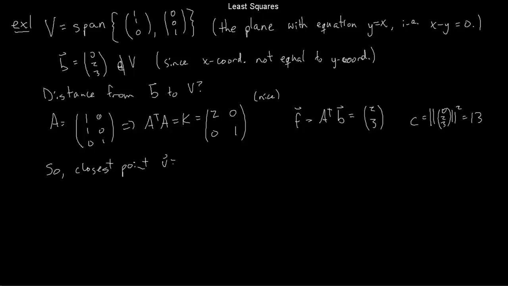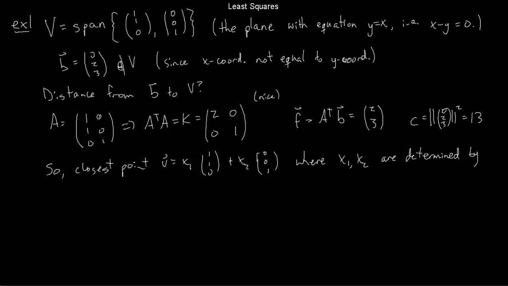Good. So the closest point is going to have coordinates x1 and x2. So V looks like x1 times 1, 1, 0 plus x2 times 0, 0, 1. And x1 and x2 are going to be determined uniquely because K is a positive definite matrix.